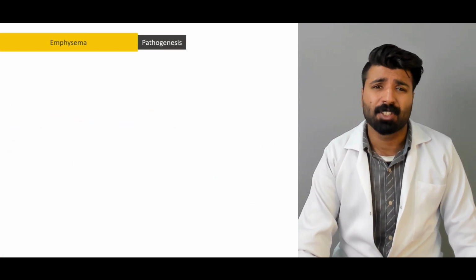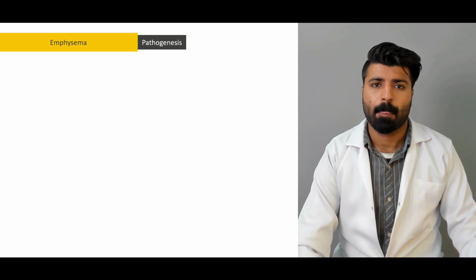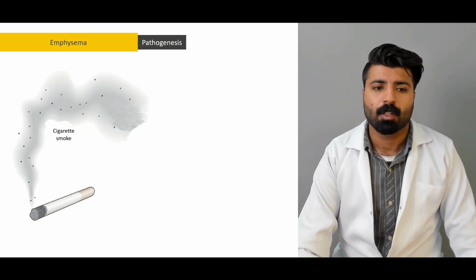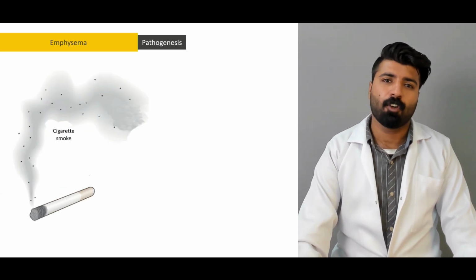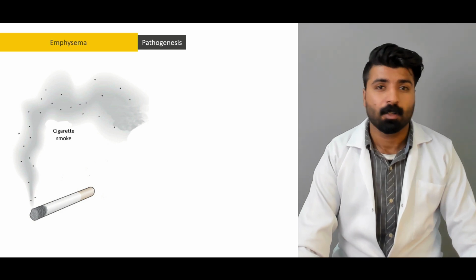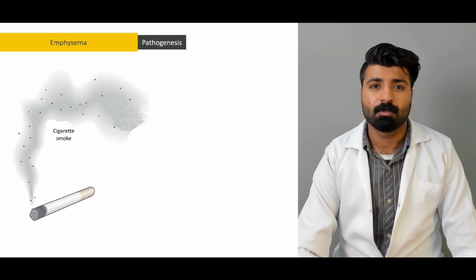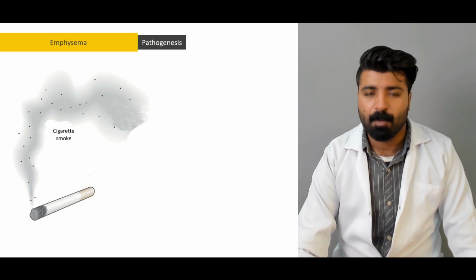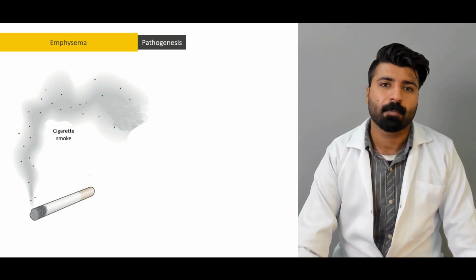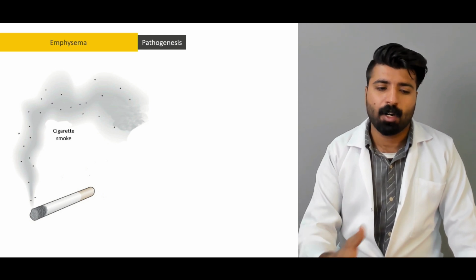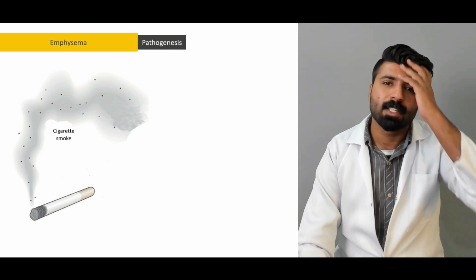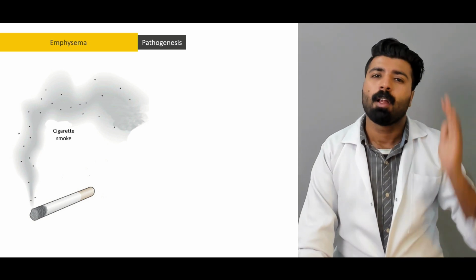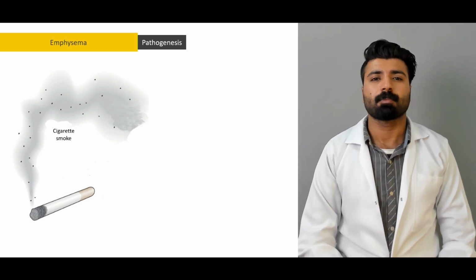Let's get on to the pathogenesis of this whole system. What will happen? First of all, if you're a smoker, I'm sorry, but everything will be affected by smoking. Before I go into the details of pathogenesis, let me tell you two things.